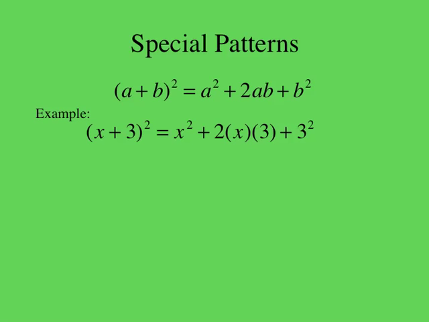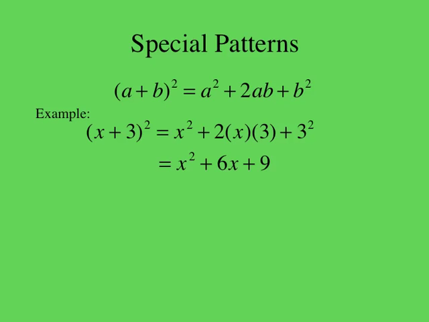So when we multiply x plus 3 times x plus 3, what we get is x squared, that's the first part squared, plus 2 times x times 3, that's 2 times the a in our pattern times the b in our pattern, plus 3 squared, that's the b in our pattern squared. In the middle term, we have 2 times 3, which simplifies to 6. So the result is x squared plus 6x plus 9.